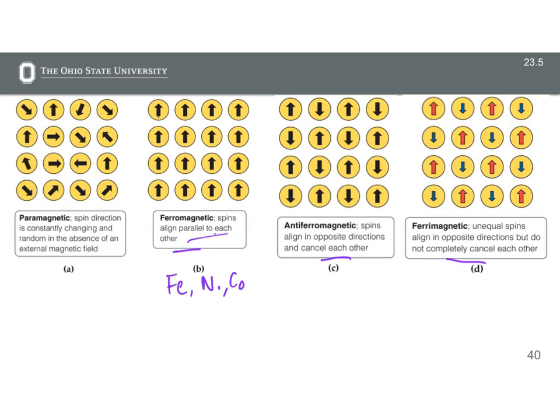Antiferromagnetic is when the spins are aligned but in opposite directions and they cancel each other out. So the spin might be up and then down for another unpaired electron. So these spins are affecting each other. Something that is an antiferromagnetic substance that you may have seen or played with before is hematite. It's a mineral. It has the formula Fe2O3.